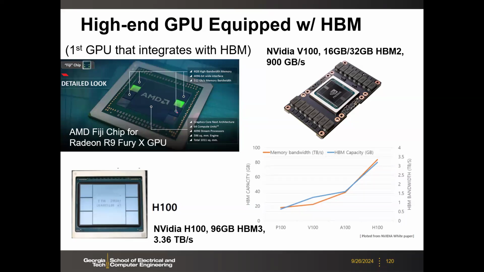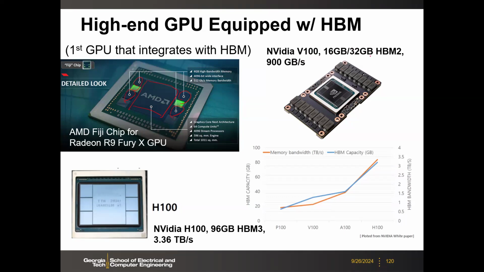So then you have the GPU, and then you have 4 HBM stacks co-integrated on the interposer. Then later, NVIDIA also adopted this scheme, and one example is this V100 GPU system.